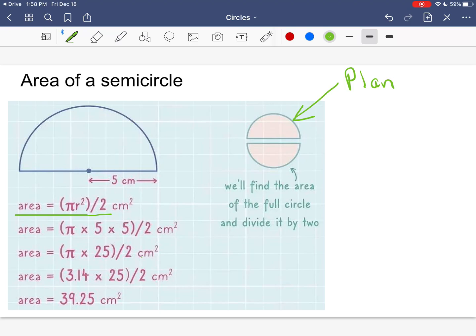And then the math, pi times 5 times 5, which is 5 squared, which is 25, and then substituting 3.14 for pi, multiplying it by 25, and then dividing it by 2 because it's a half circle, not a full circle, you get an area of 39.25 centimeters squared. And if you were asked to find the area of a quarter circle, you would do the same thing, but you would divide by 4 for a quarter circle.